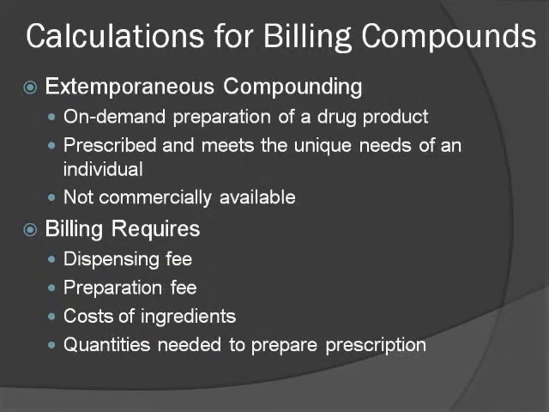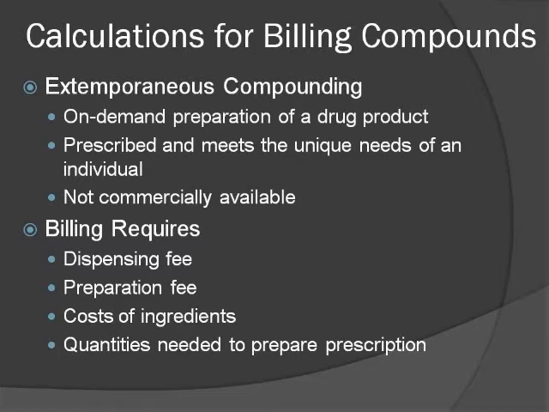Okay, I'm going to keep moving on. I didn't do a video illustration of that because hopefully everybody gets that. It's pretty simple. So I'm just going to continue on with calculations for billing compounds. Billing compounds is a little bit more tedious because we have to factor in the various ingredients used.